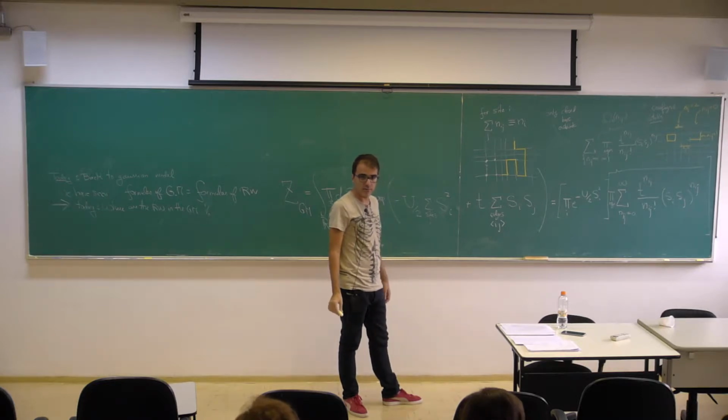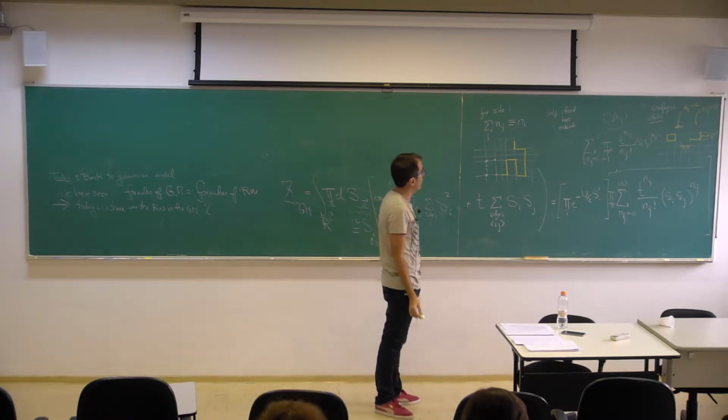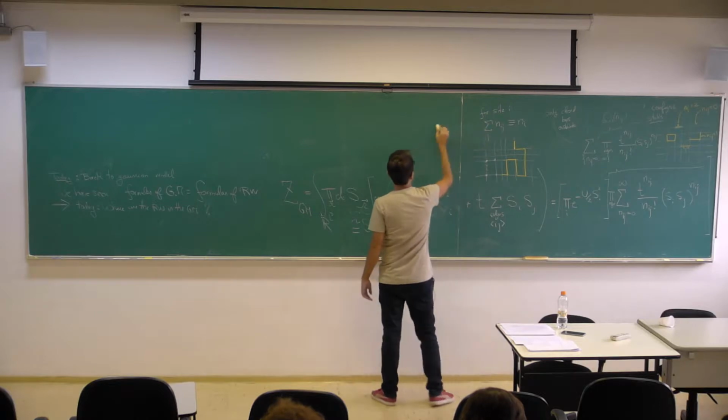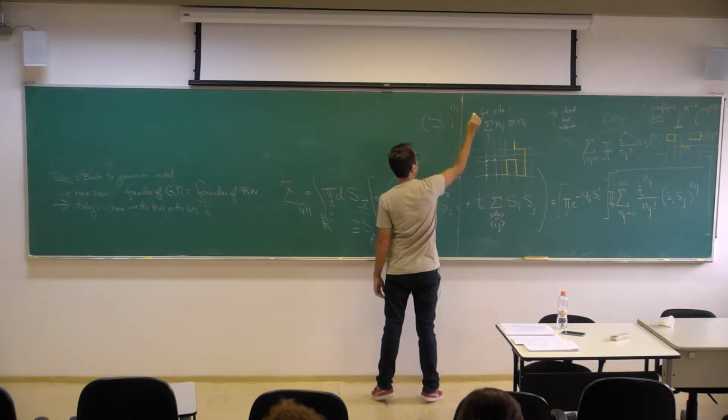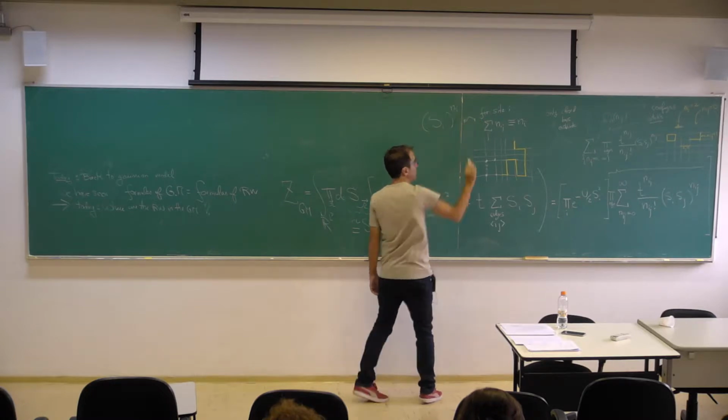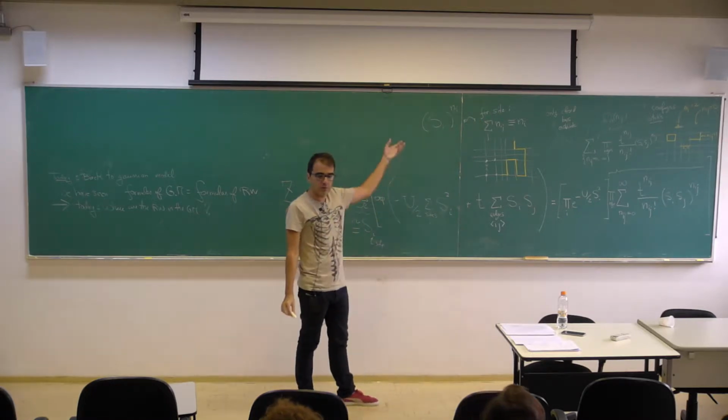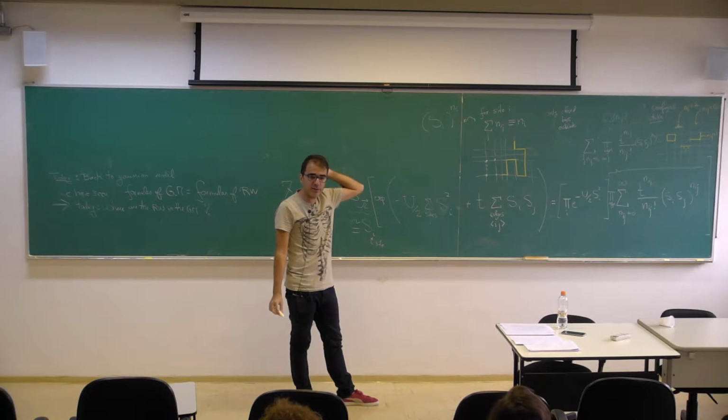So Si will appear raised to the power Ni with this definition. It's useful to know because this is what we care about, whether it's even or odd, as Ivan was saying.